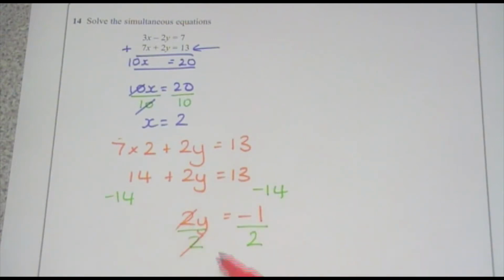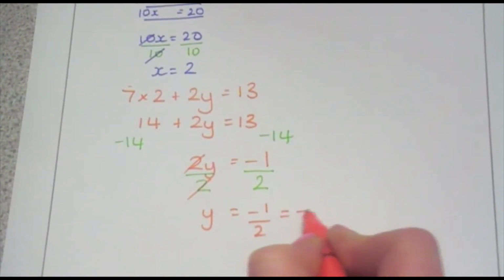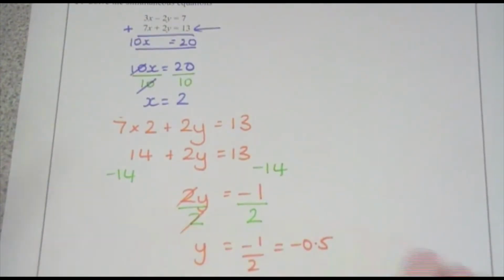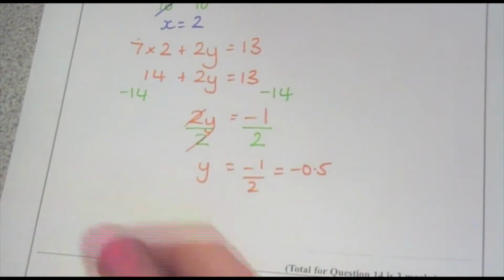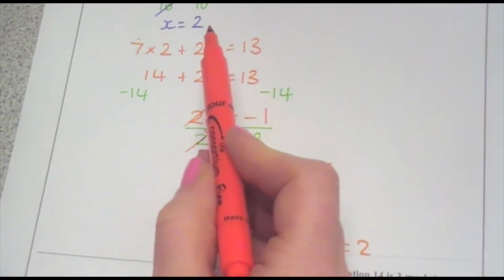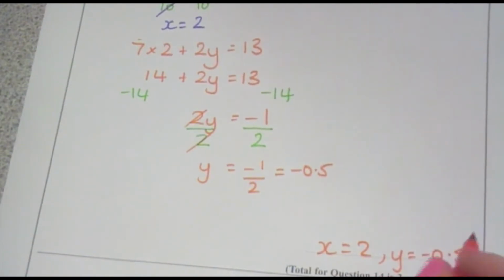That 2 will cancel with that one, and I'm left with y equals minus a half, or minus 0.5. They're both the same. So I then need to make sure I write this in my answer: x equals 2 and y equals minus 0.5 or minus a half.